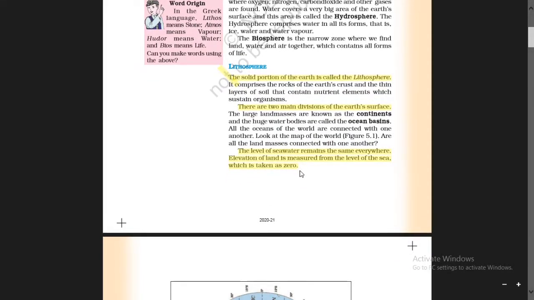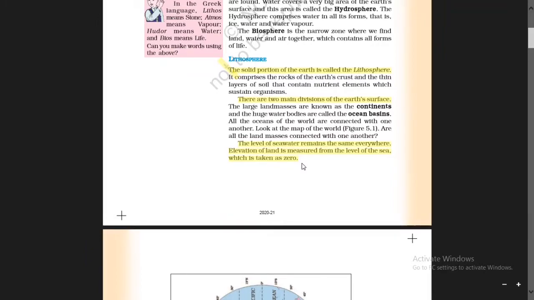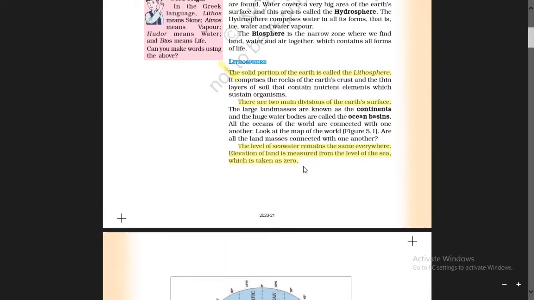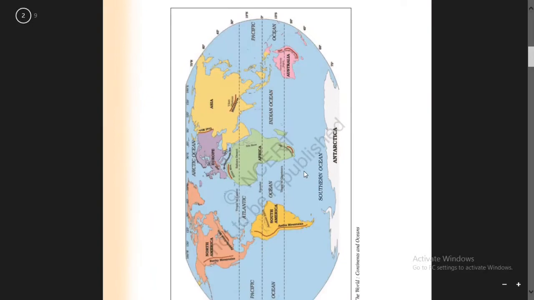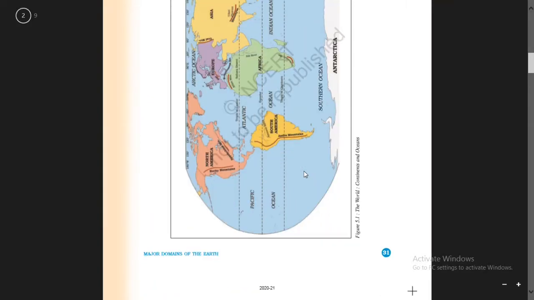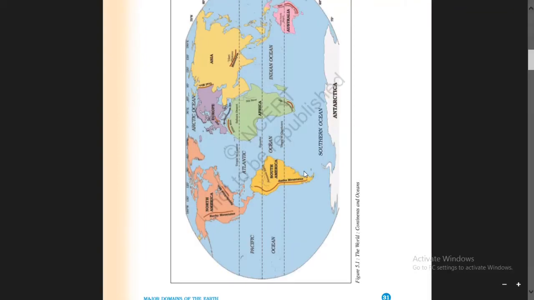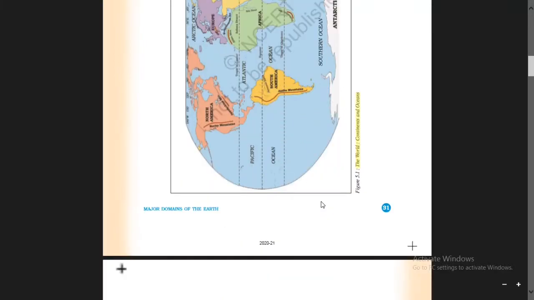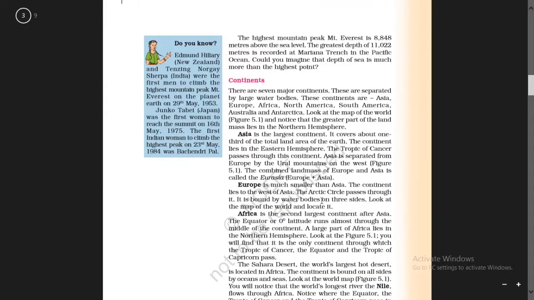So these are the two facts. You mark it and know it. Have a look at this figure 5.1, the map here in page number 31. Different oceans and continents have been given, boys. Major domains of the earth. Now let us see page number 32.